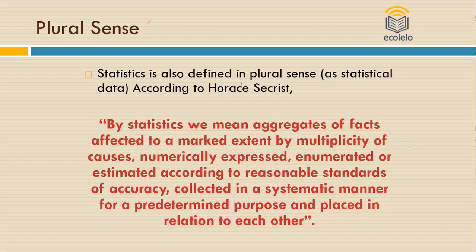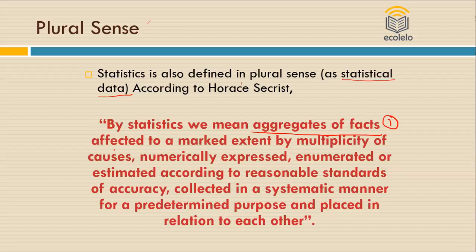Now, to learn this definition is a good job, right? So we are going to break this definition into various pieces, so that you can understand, you can learn it very easily. You just need to learn 7 points. So according to Horace Secrist, statistics in plural sense is statistical data. What kind of data? Number 1, it is aggregates of fact.